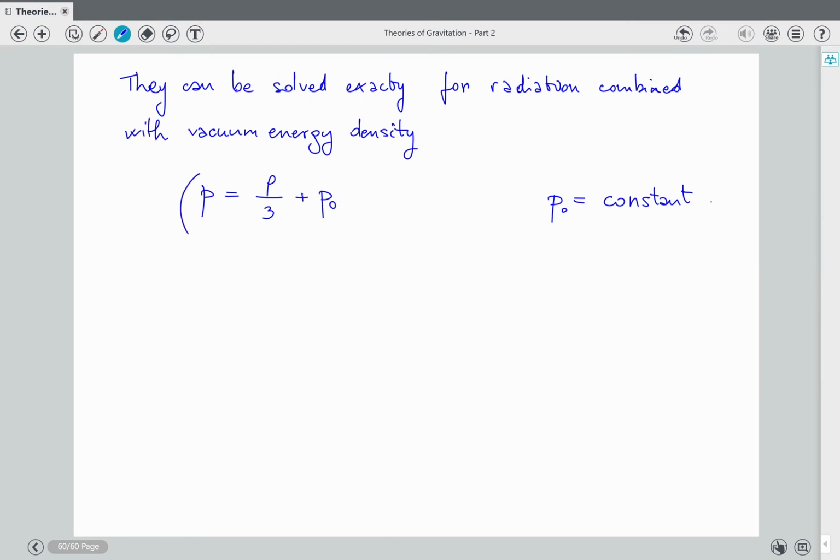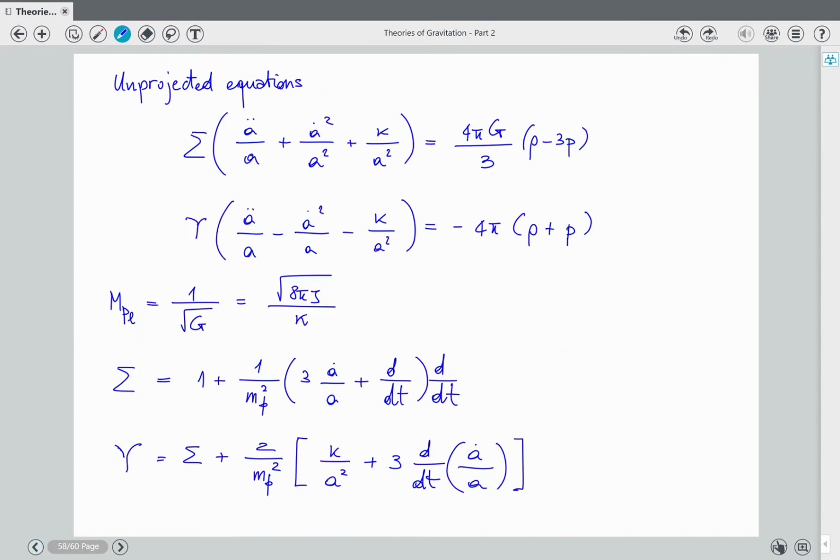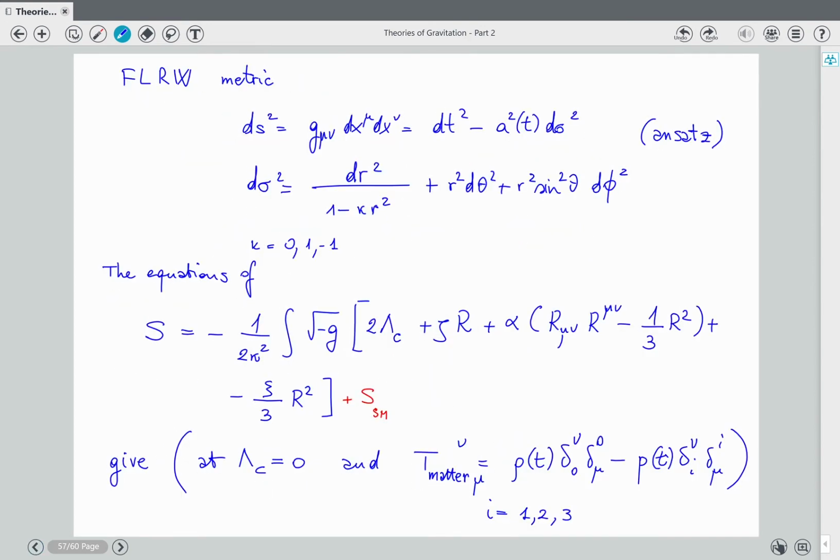Well, why is that radiation? Remember that we proved that the stress tensor of Yang-Mills fields or QED was traceless. And therefore, if you want this thing to be traceless, p has to be equal to rho divided by 3. Rho, p, p, p.